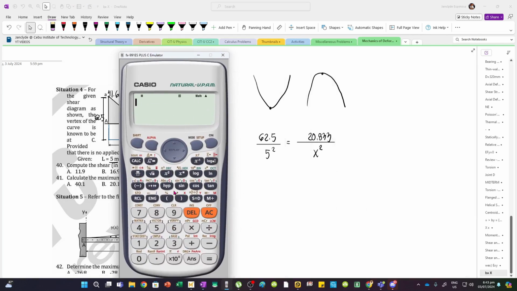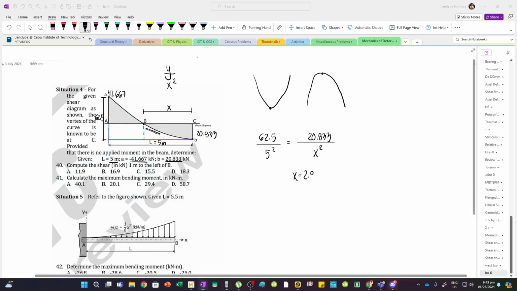Solving for x, we have 2.886, or let's just say 2.887. Or let's just use 2 decimal places: we have 2.89. So this is now 2.89.